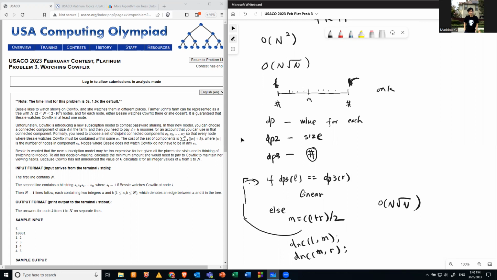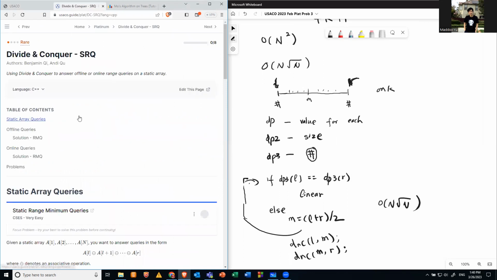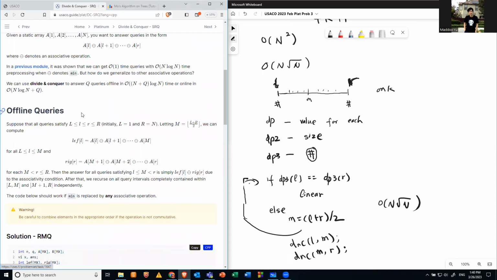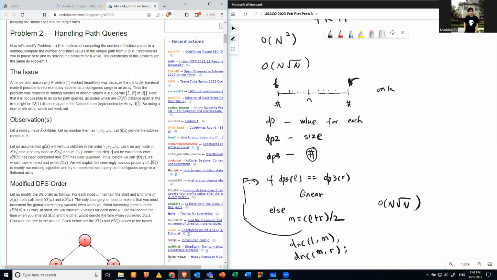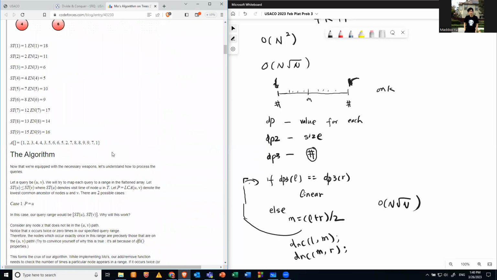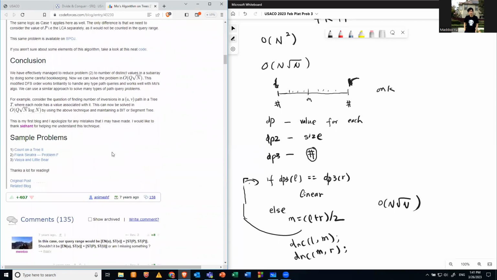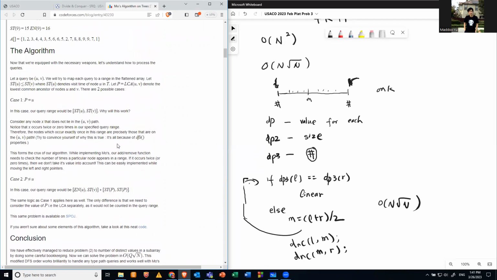Okay, so then that is basically using the divide and conquer, right, with reading Mo's on tree, which will explain to you why it is an n square root n problem.